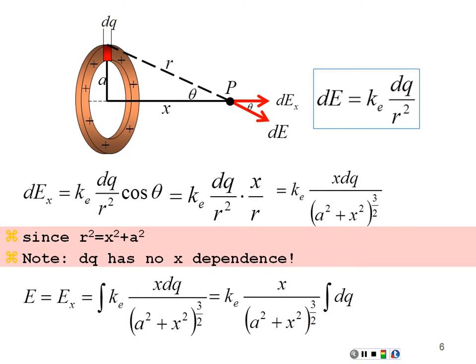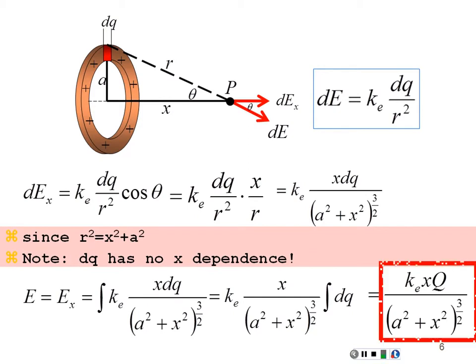Well, that's just the total charge on the ring, so my integration of dq across the ring is just my total charge on the ring, Q. So this is k x Q over (a squared plus x squared) to the 3/2 power. And that is the electric field a distance x away from a charged ring of total charge Q and radius a.